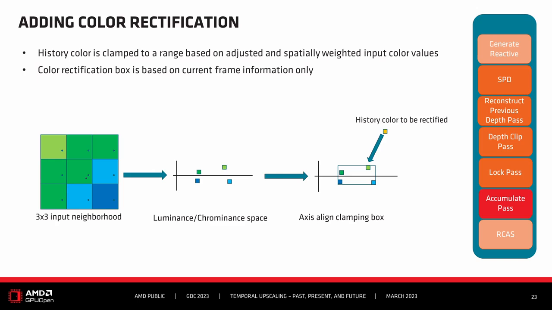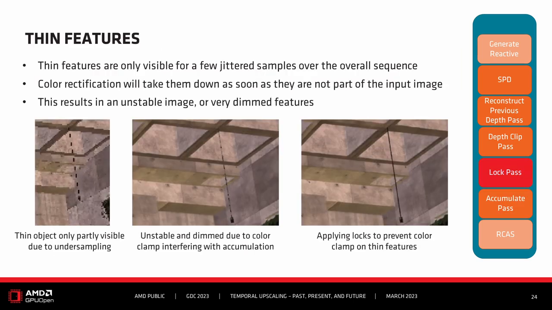Like if it's within the bounding box, we accept it. If it's outside the bounding box, we clamp it to more closely match what we expect the colors to be from the current rendering. So this will fix changing light conditions, moving shadows, but also particles moving away, all that kind of stuff.